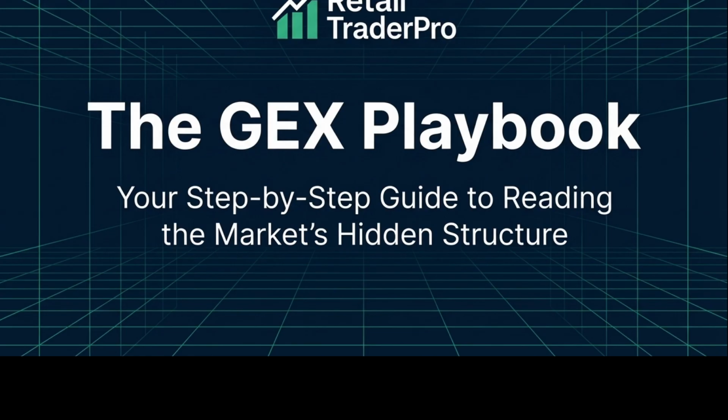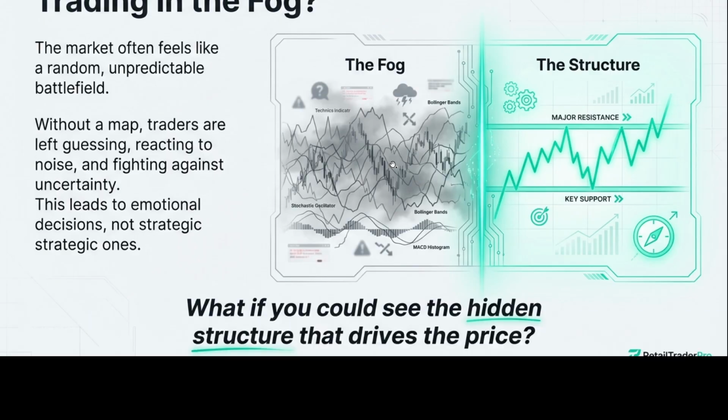Okay, this is a GEX playbook. This is your step-by-step guide to reading the market's hidden structure. Remember that trading in the fog is one of the most difficult parts, because sometimes we feel that the map for trading is not clear.